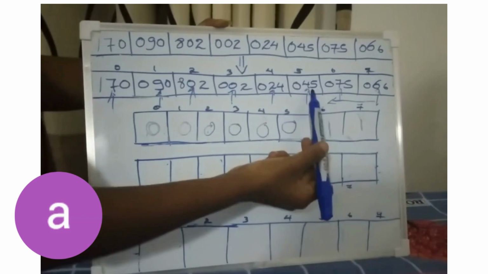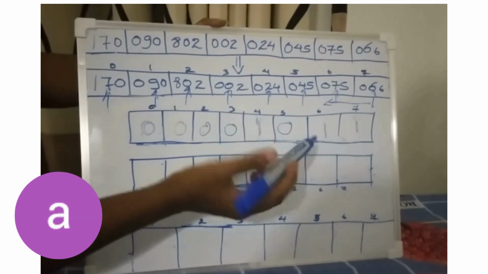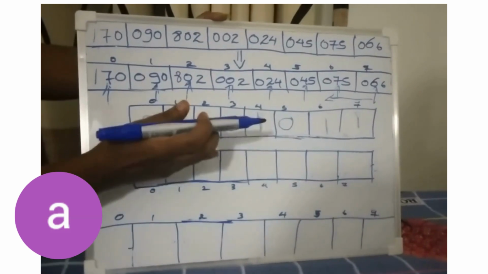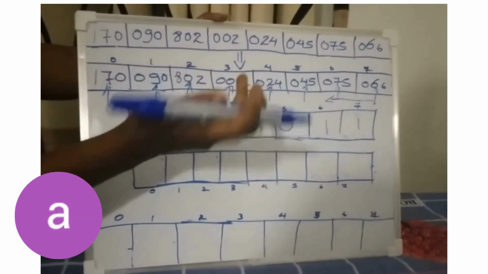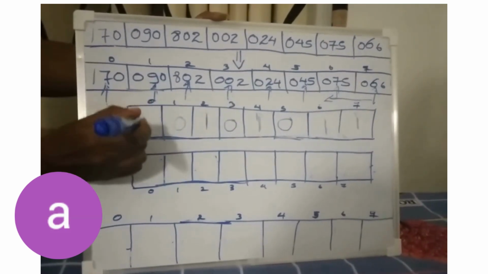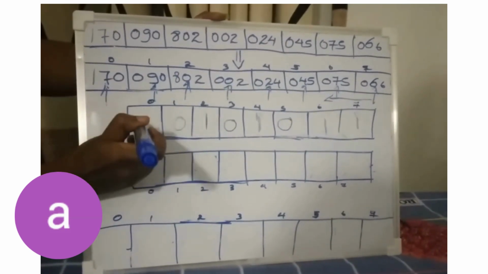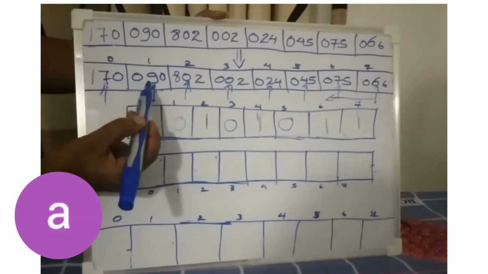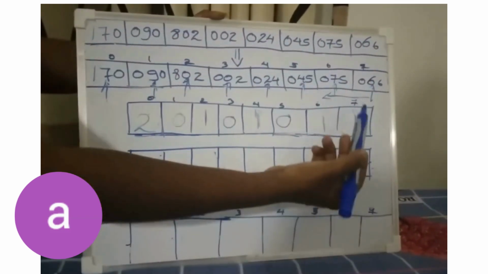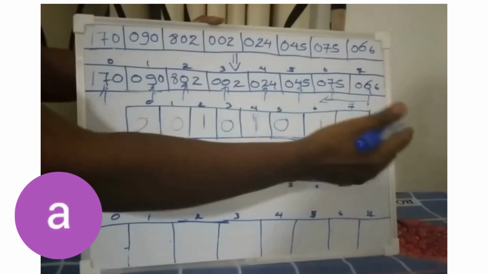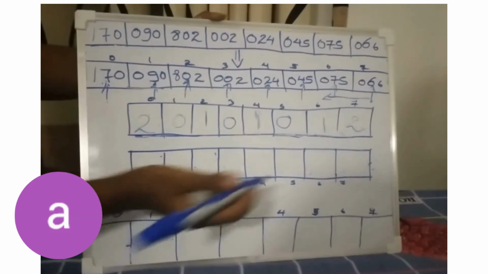This is also like the first place, but in the first phase we were looking at the first digit. In this we are looking at the second digit, like 0, 7, 4, 2, 0, like this. Also we are checking from right to left.